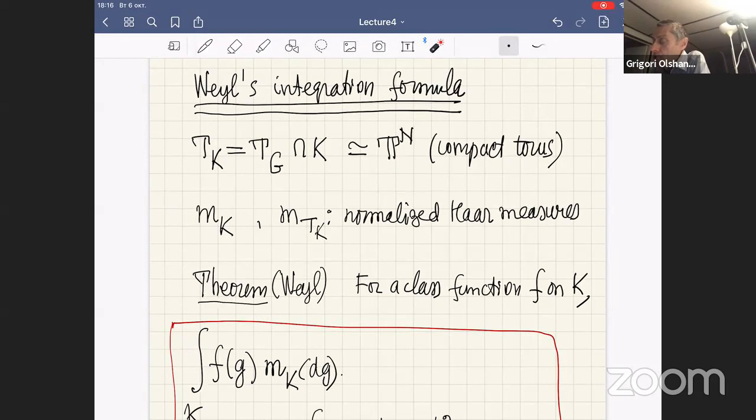And we need two probability measures: the Haar measure on the compact group, which is normalized, so the total mass is assumed to be equal to 1, and a similar object for the compact torus. So this is my notation.